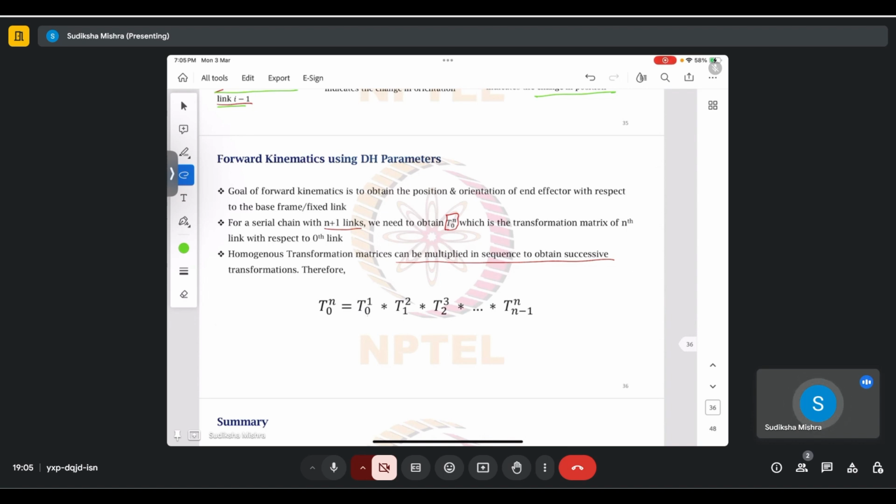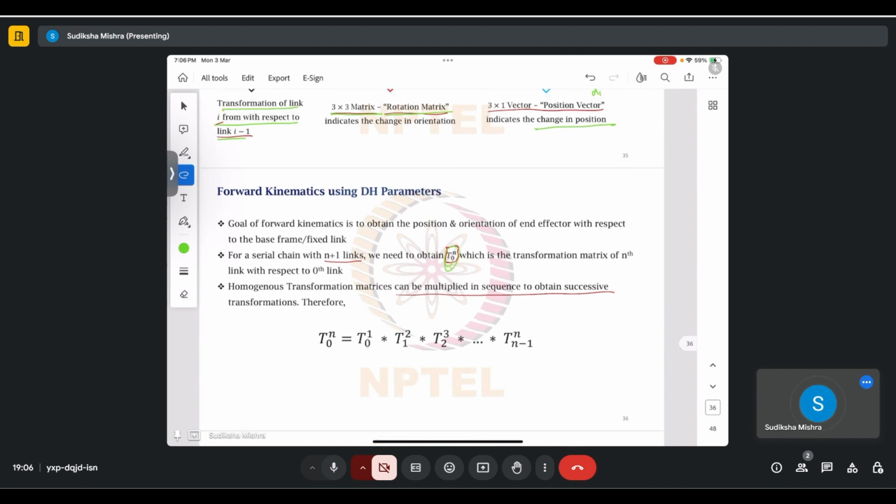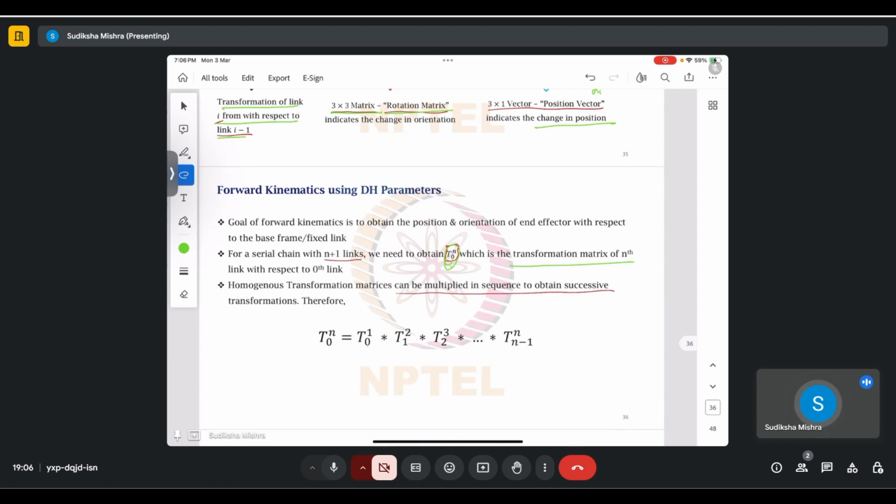Now, the goal of forward kinematics, as we saw in the 2R and 3R problems, is to obtain the position and ideally with the position the orientation of the end effector with respect to the base or the origin. If we need to analyze the same for an n plus 1 link, we need to obtain a transformation matrix T0n, which is the transformation matrix of the nth link with respect to the 0th link.